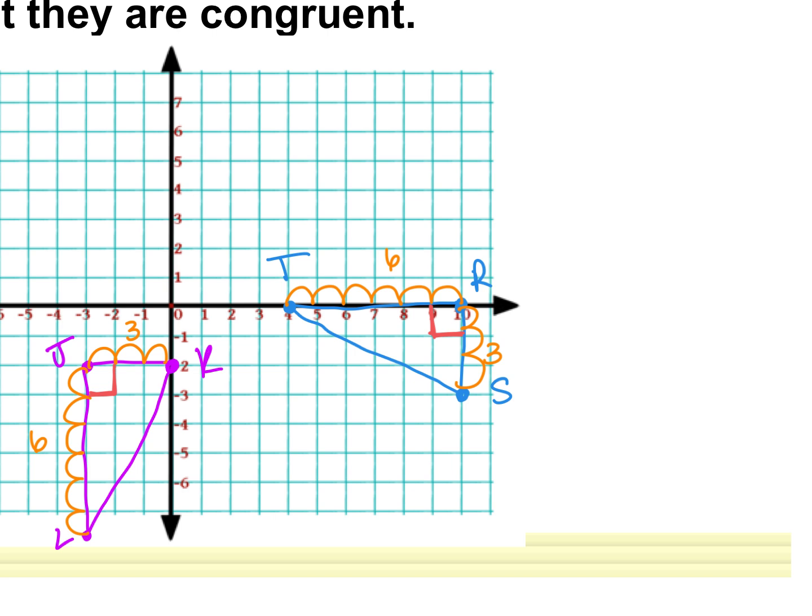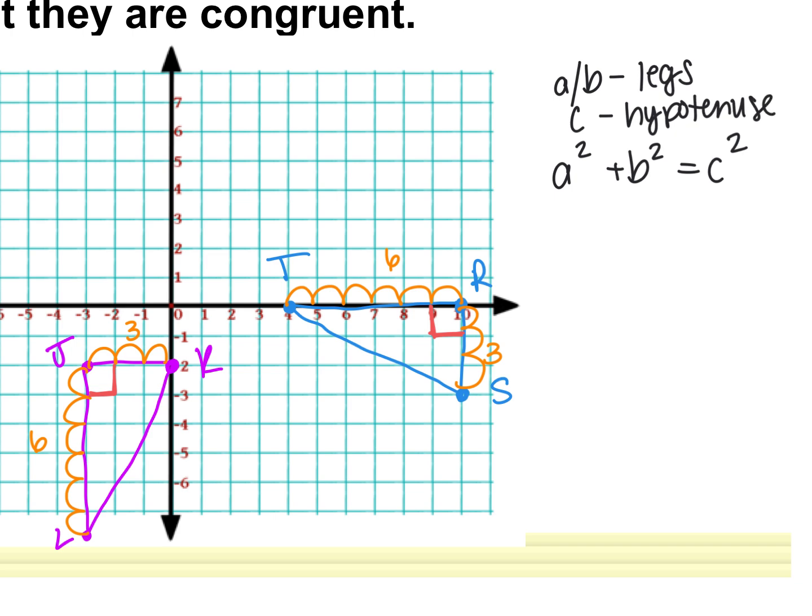So if you don't know what that is or how to use it, the formula is a squared plus b squared equals c squared, where a and b are your legs and c is your hypotenuse. Okay, it has to be labeled that way. So I know what my sides are.